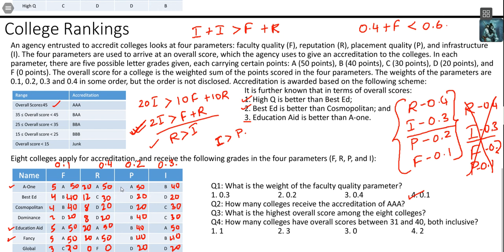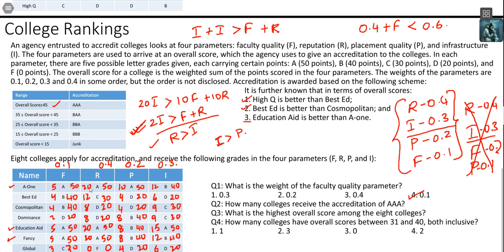Here 1/10 or 1/5, so I get 10, 4, 4, 8, 8, 8, 4 and 4. The last one 0.3, so 12, 6, 9, 9, 15, 12, 6 and 12. So I have all these numbers.